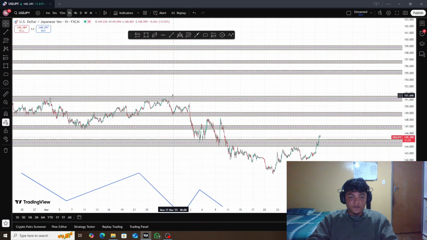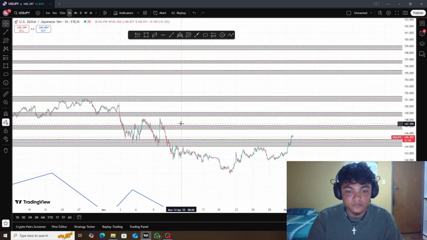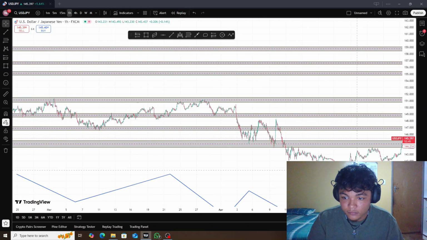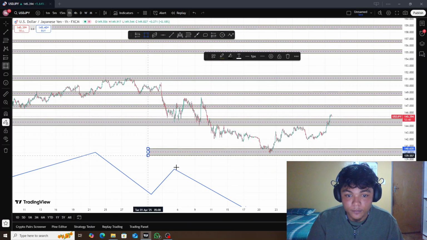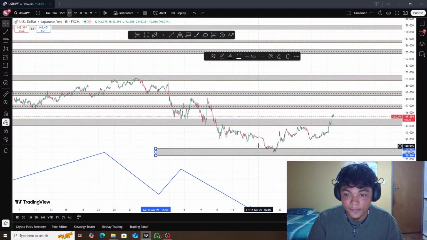So the market from this resistance here, it broke through the support, came up to retest the support level. It came down. It retested the resistance again, came down, and now this would be my new support level. So this would be resistance.